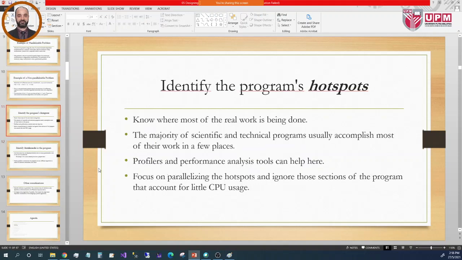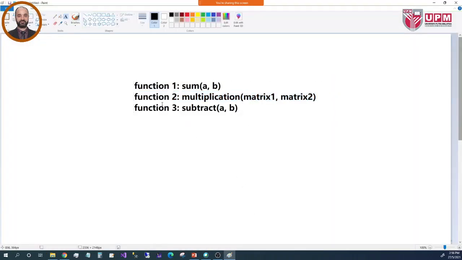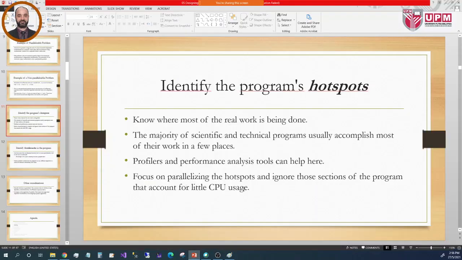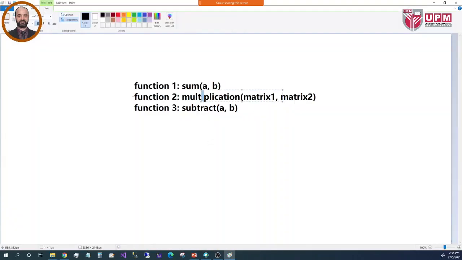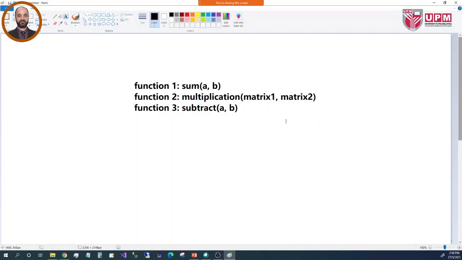And the last point here: focus on parallelizing the hotspots and ignore those sections of the program that account for little CPU usage. So the last point here means that you find the major functions in your application, then try to focus on them.